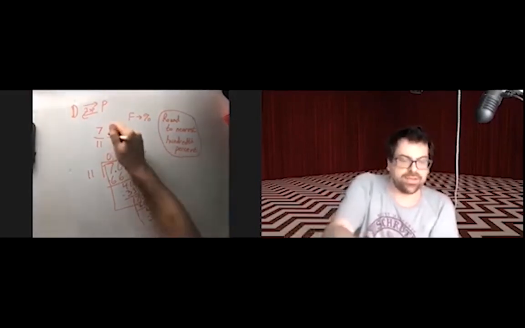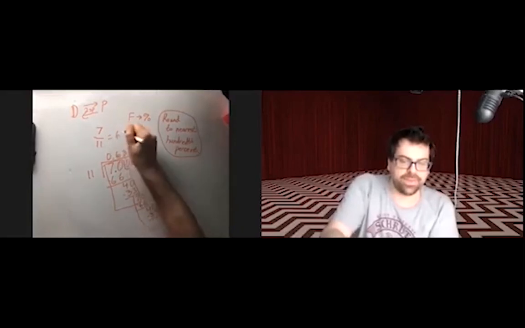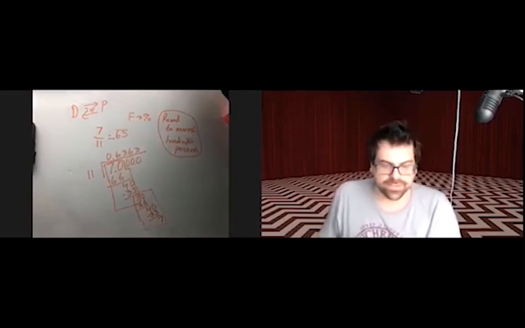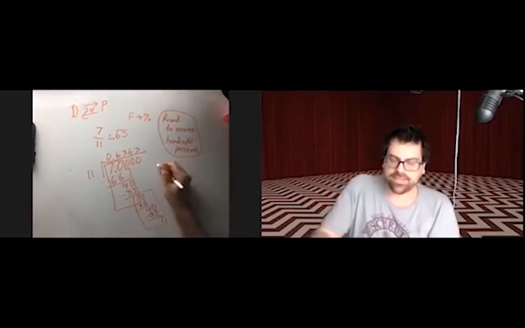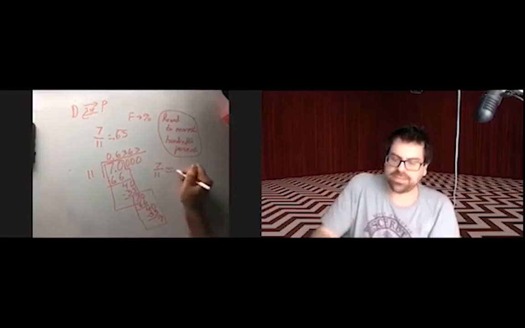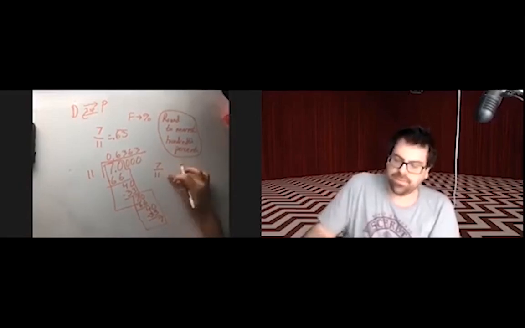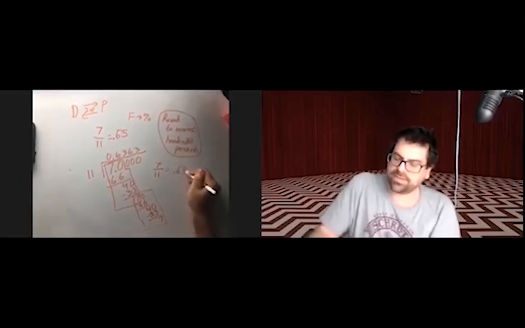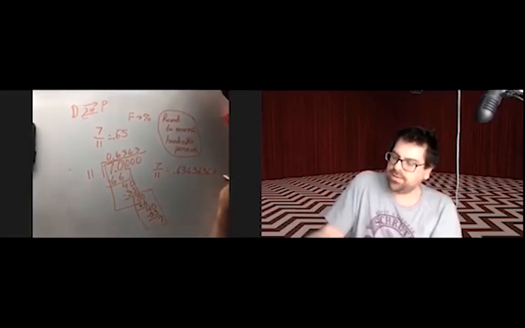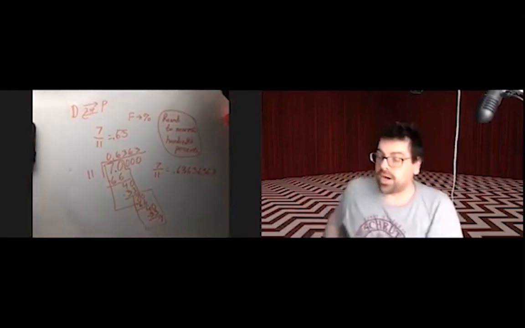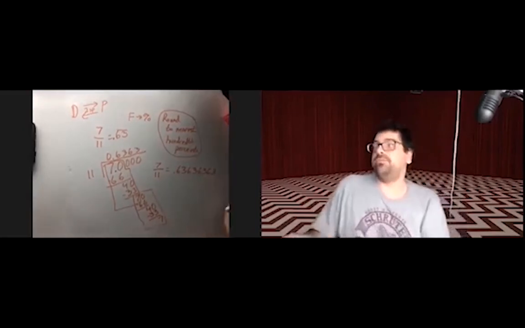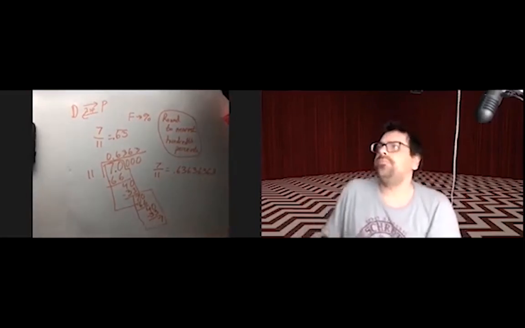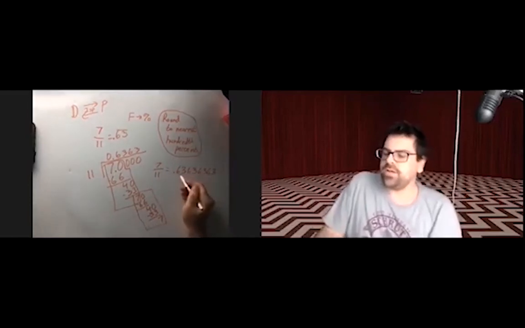So 7/11 is 0.63 repeating. The 63 repeats. So 7/11 is equal to 0.63, 63, 63, 63, on and on forever. It's not approximate yet because I said it goes on and on forever. This would be the nearest hundredth, but it would not be the nearest hundredth percent.